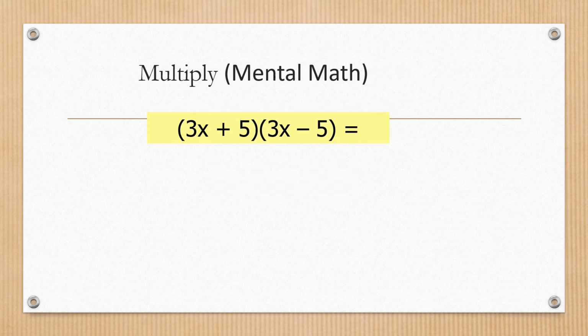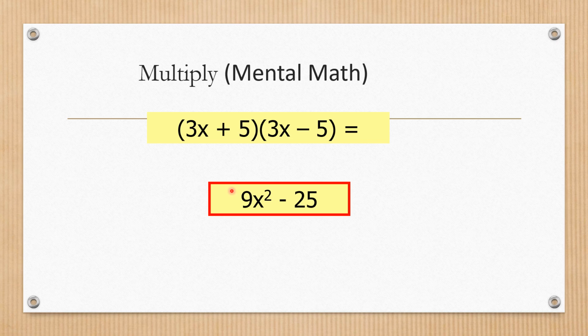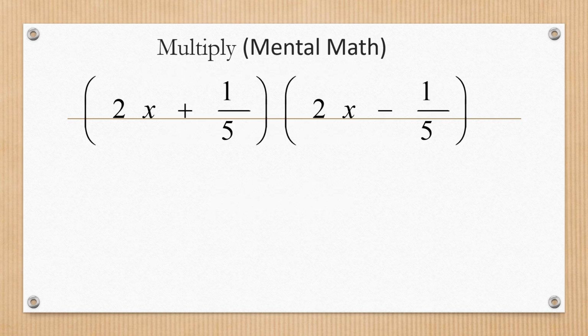Then we have 3x. That is 9x squared. Then 5 times negative 5 is 25. So, just the first and the last. Just always think about that. Same here. We have 2x times 2x, that's 4x squared.